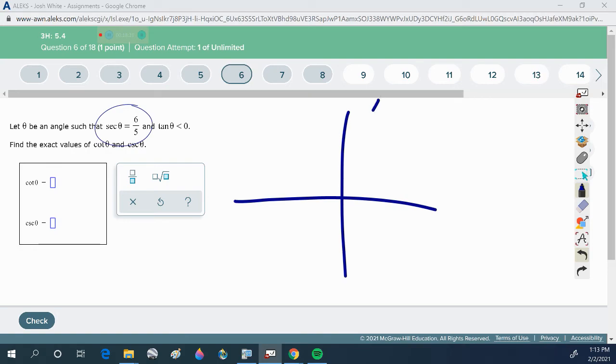So if we have all suckers take calculus, which two quadrants would the secant be positive in? 1 and 4. So which one is it? It's 4 because they gave us a little bit more information and said, and the tangent is negative. So we build our reference triangle, and we have a 6 and a 5, and then we figure out what that one is.